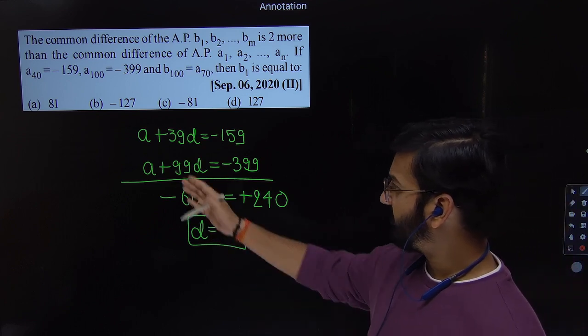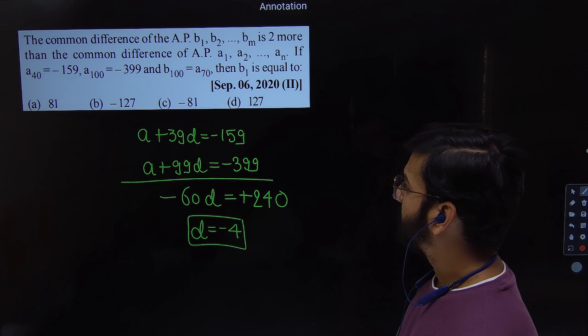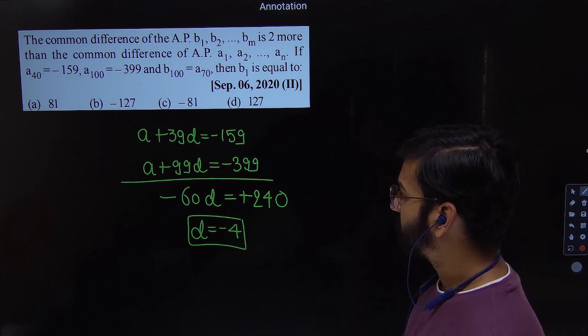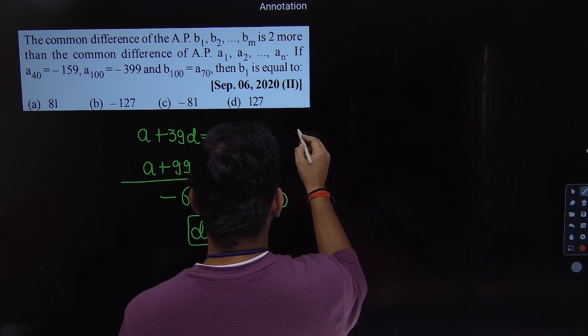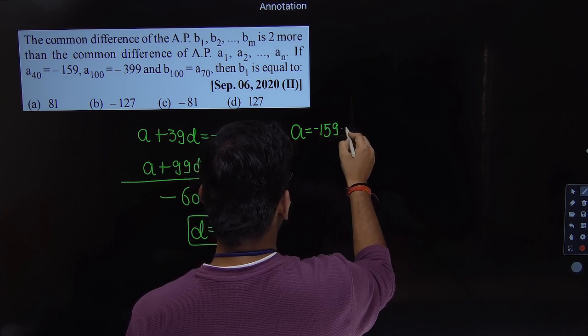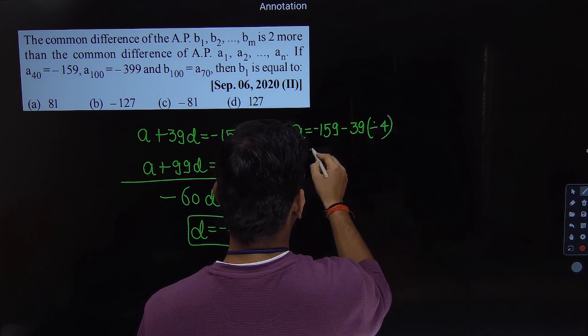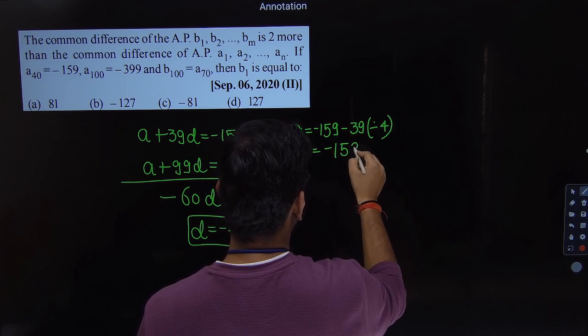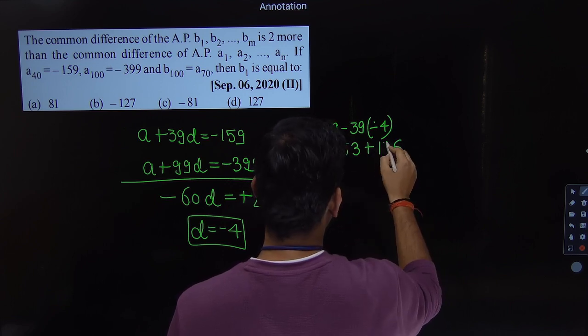Now substitute D in any equation, find A. What is the value of A? Quickly. So A equal to minus 159 minus 39D. How much? 4 nines are 36, 4 threes are 12.